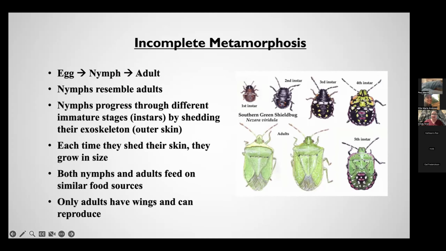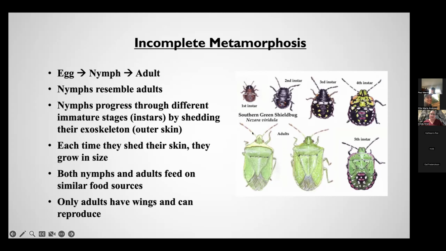So egg, nymph, adult. Your nymphs resemble the adults. Not exactly, this one doesn't exactly look green, but it's not like the difference between a larval form and a moth or butterfly, which look completely different, nothing alike. These at least look similar.